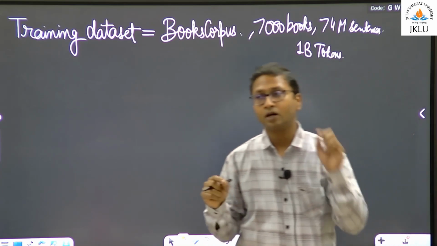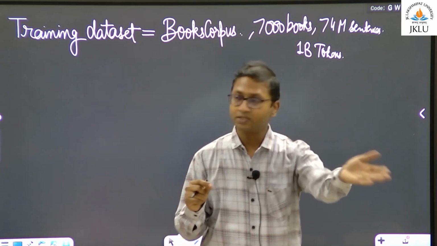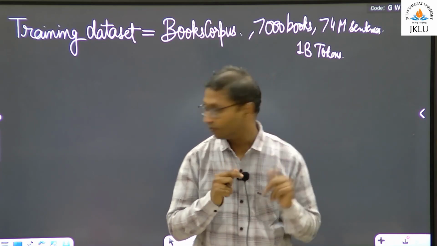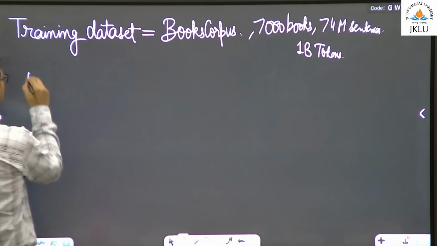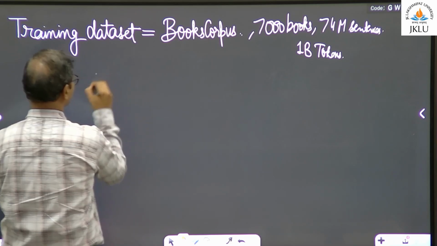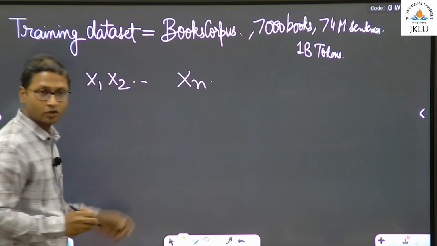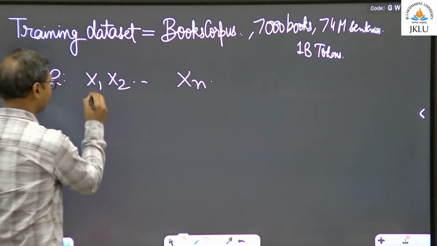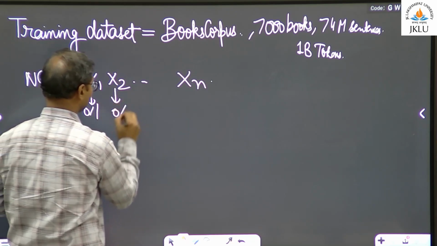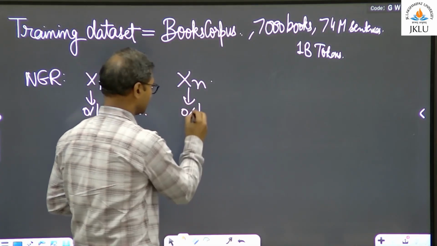You were annotating different text corpora suited for that task. So how will you do NER? You have this, x1, x2, this is your corpus, and for every word you have 0, 1. Zero, 1.